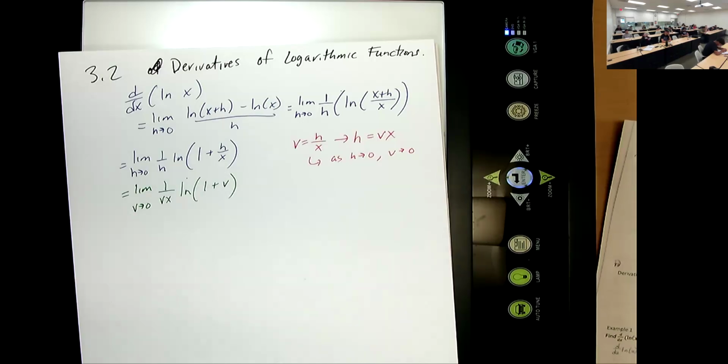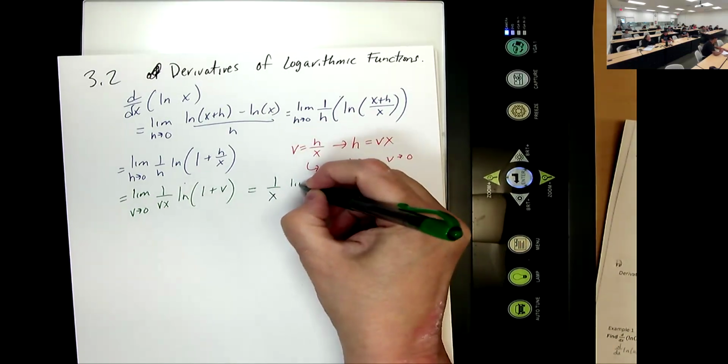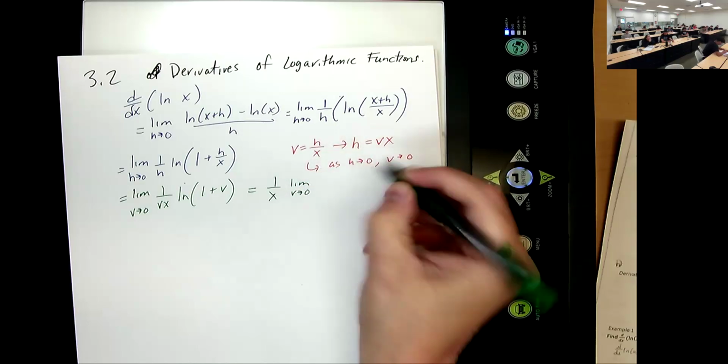All right, so this is a limit in terms of v. I can actually pull out the 1 over x. This is not part of it. It's a constant with respect to v.